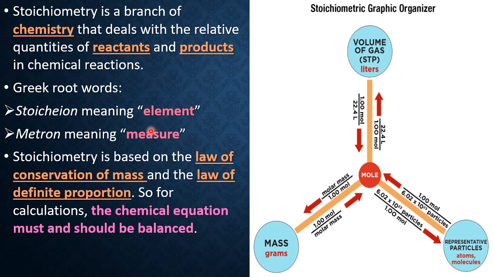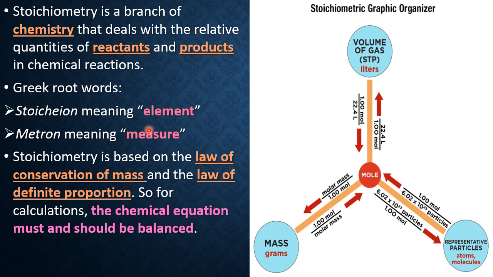Okay, how much element is participating in a reaction and how much is formed. That means on the reactant side, how many elements are there, in what mass, or in what moles, or in what volume, and after the reaction, products are formed.